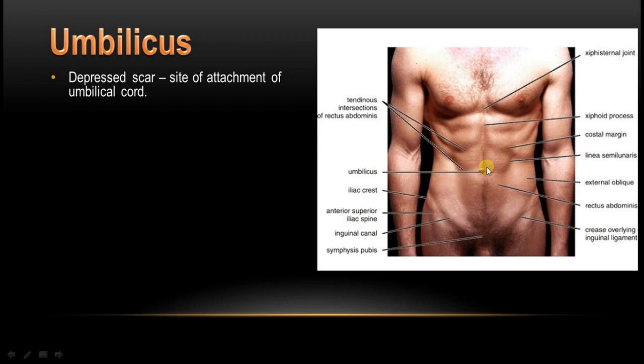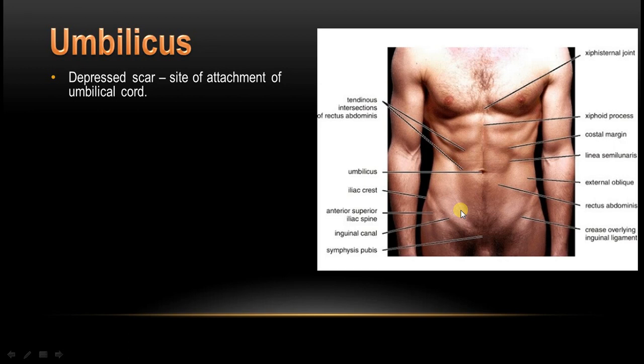The umbilicus is actually present at the intervertebral disc between L3 and L4. Again, the position of the umbilicus varies. In children, it is at a lower level because the pelvis has not developed yet. It is still under the process of development.